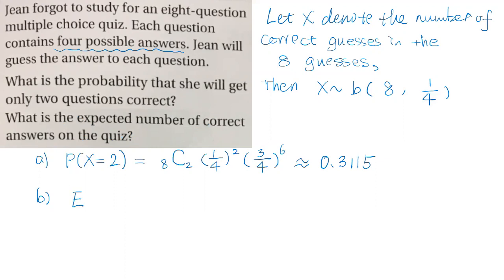That means you have to calculate the expectation of x, right? If x is a binomial distribution, the expected value of x is np, right? So n here is 8, p is 1/4. So the expected number of correct guesses is 2. Okay. Any questions?